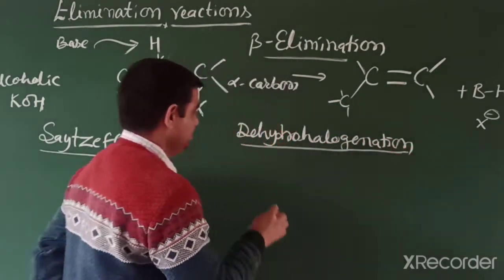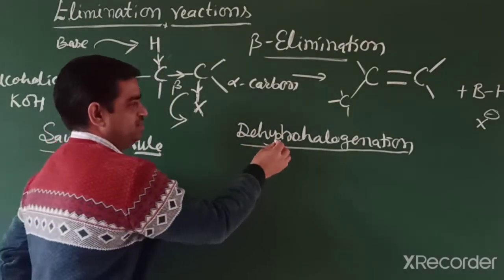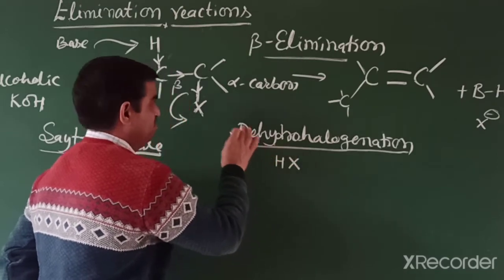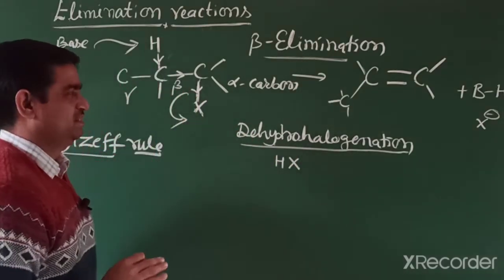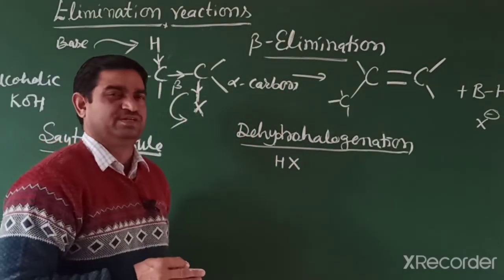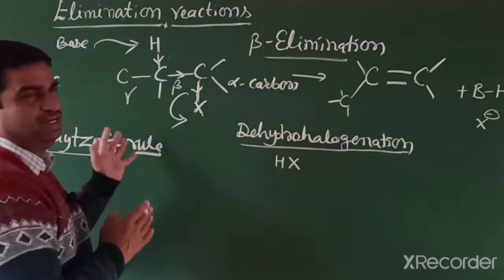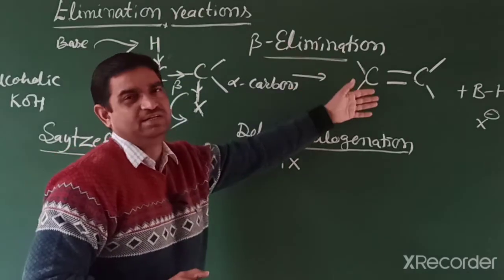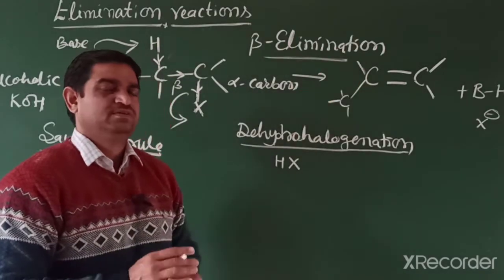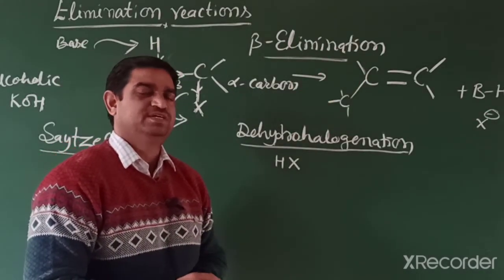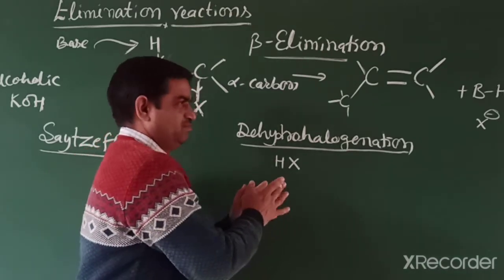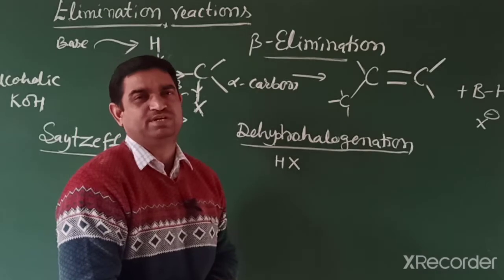De means removal, hydro and halogen, so removal of hydrogen halide from an alkyl halide is known as dehydrohalogenation. It requires a base to abstract a proton and we get an alkene. Which alkene is the major product? The more branched alkene we get as the major product.